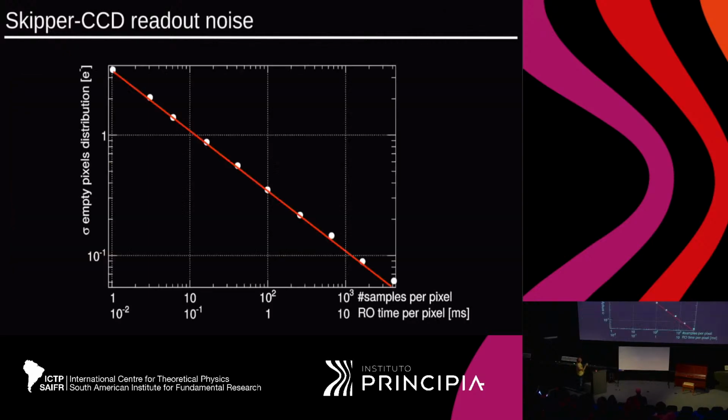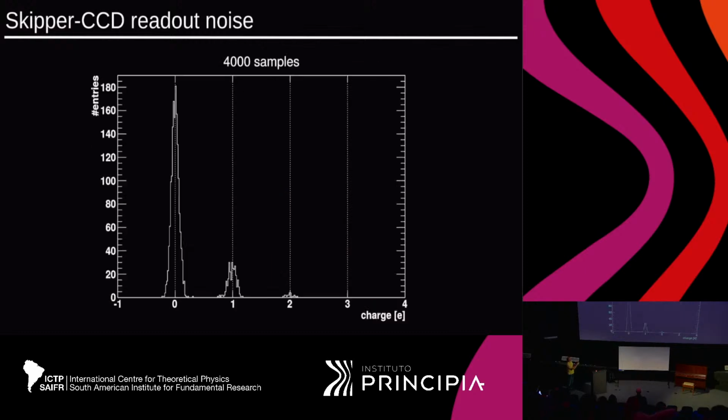So this here is real data. What I'm showing you is what I mentioned before. We take those empty pixels and make a histogram of how much charge is in them. In the horizontal axis is the amount of charge, and here is the number of pixels that have that charge.